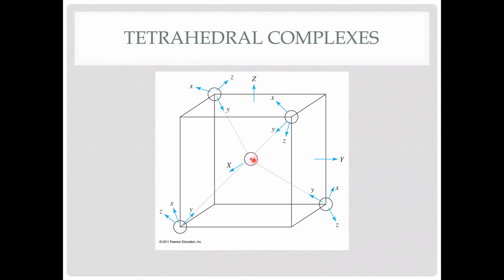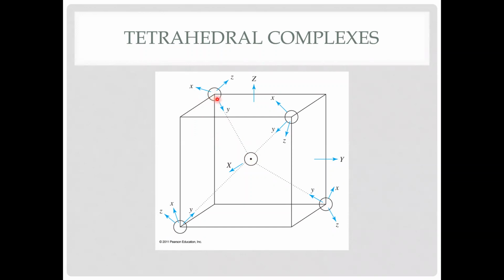In contrast, our t2 orbitals, again no longer gerade because we don't have an inversion center, are going to come out to the edges, so the lines connecting the corners. Now we don't have ligands sitting there, but we've got them pretty close by. So if I'm looking at this lobe of the d orbital coming out here, there is a ligand close by.